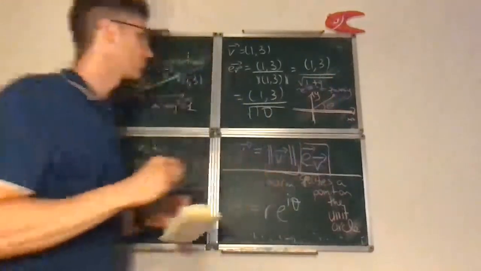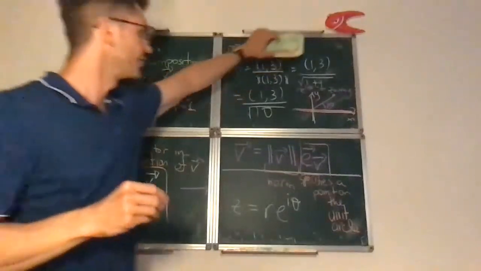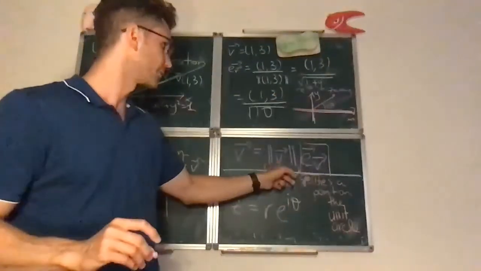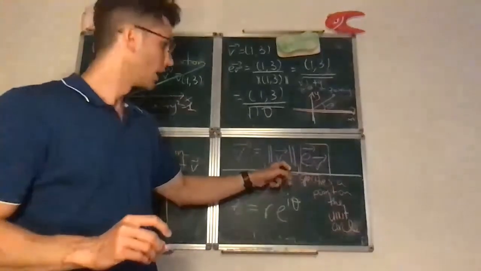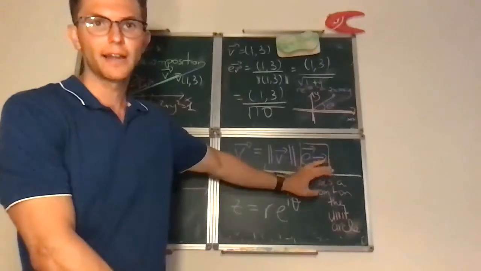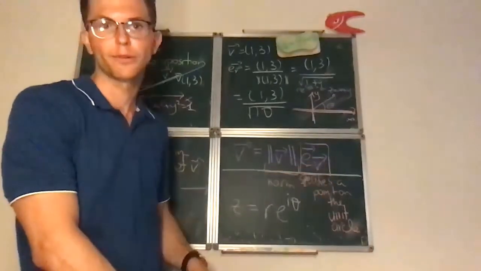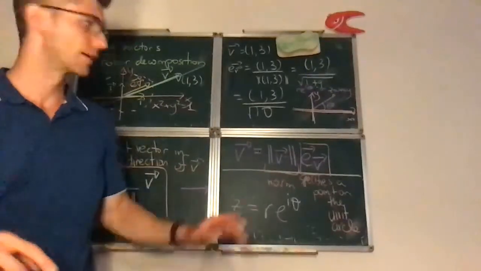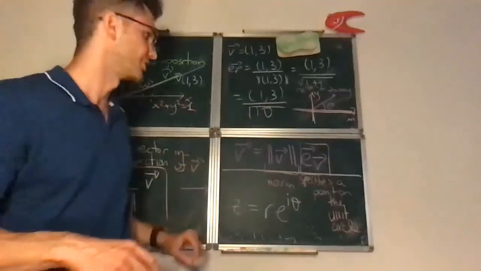If you run through the definition, r is like the size of the hypotenuse, so it plays the role of the norm of v, and e to the i theta is like the analog of this unit vector. Okay? So that's why this is sometimes known as a polar decomposition.